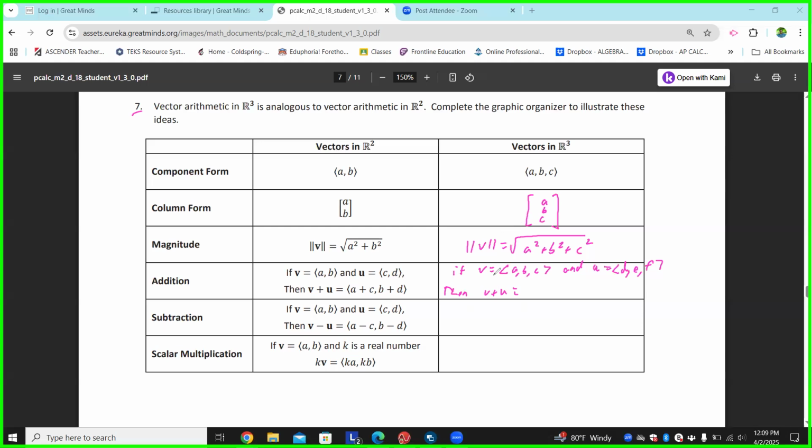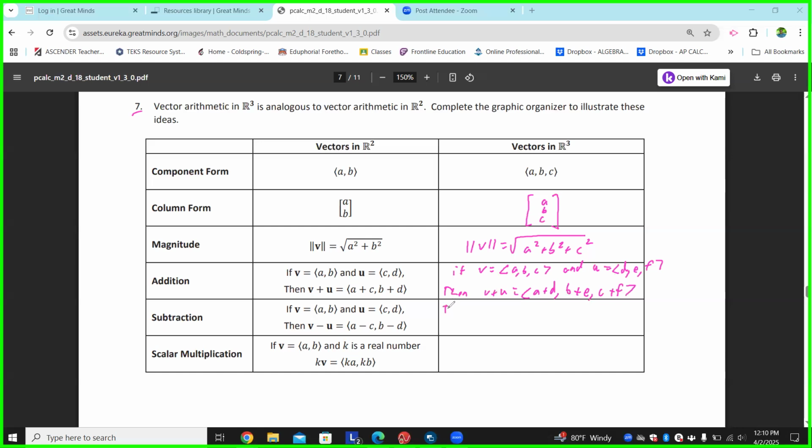Perfect. We're still going to add their corresponding place values. So this would now be a plus d, comma, b plus e, comma, c plus f. Questions on that?